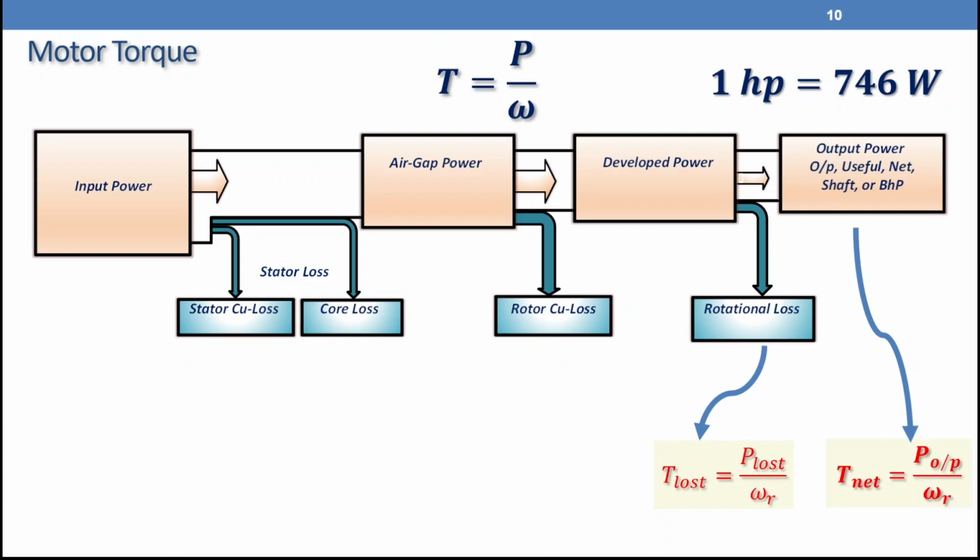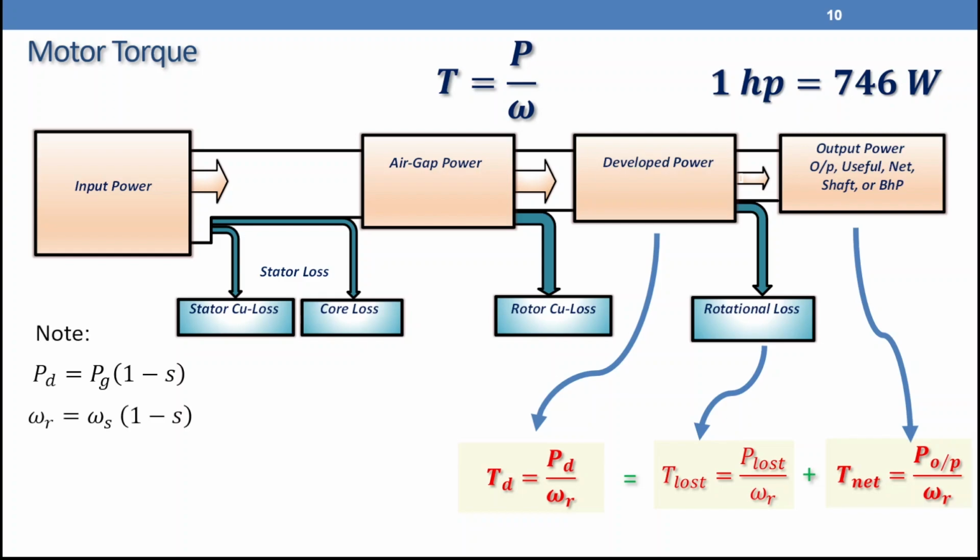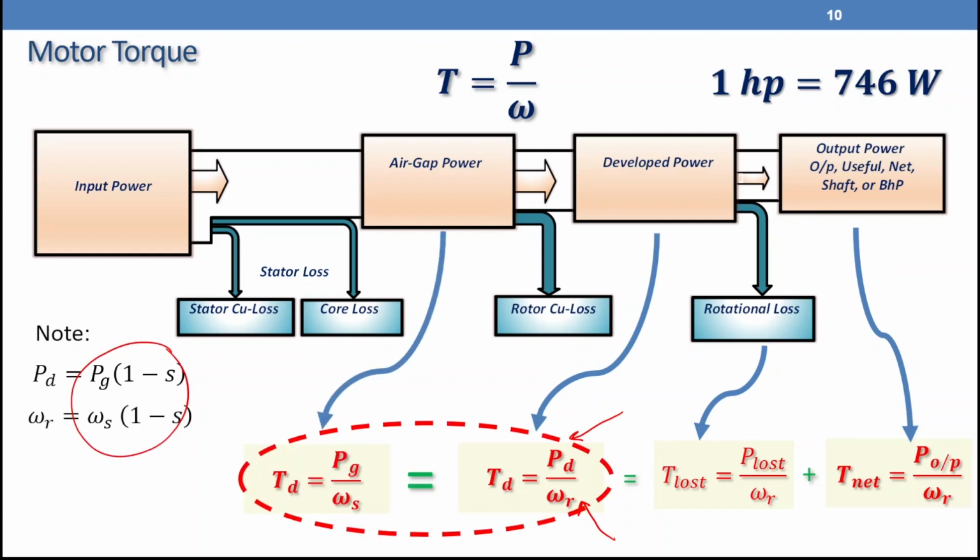If we add net torque to the lost torque, we have the developed torque, which will be produced inside the motor, equals P developed over omega R. But let me remind you that P developed equals P gap times 1 minus S, and omega R equals omega S times 1 minus S. If we substitute P developed and omega R from these two equations, we end up with torque developed equals P gap over omega S. So developed torque inside the machine equals P gap over omega S, and at the same time equals P developed over omega R. These two equations are equal.